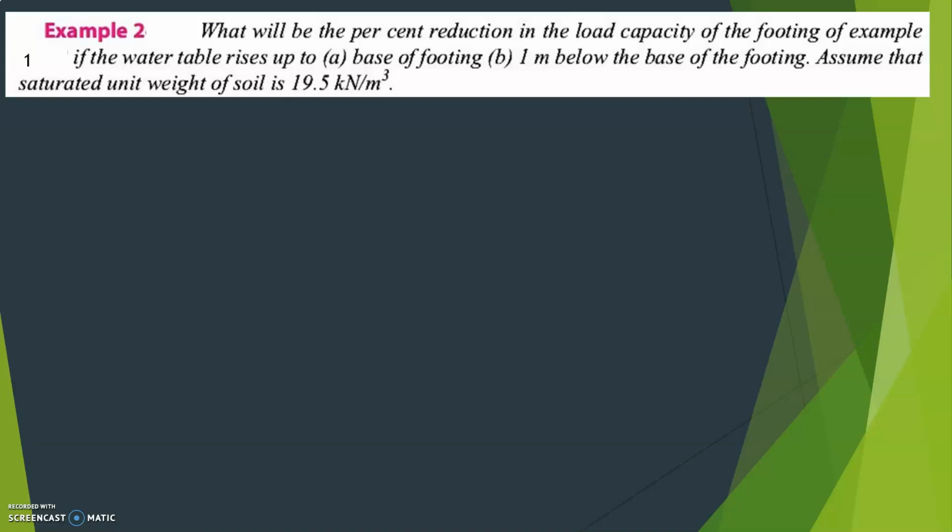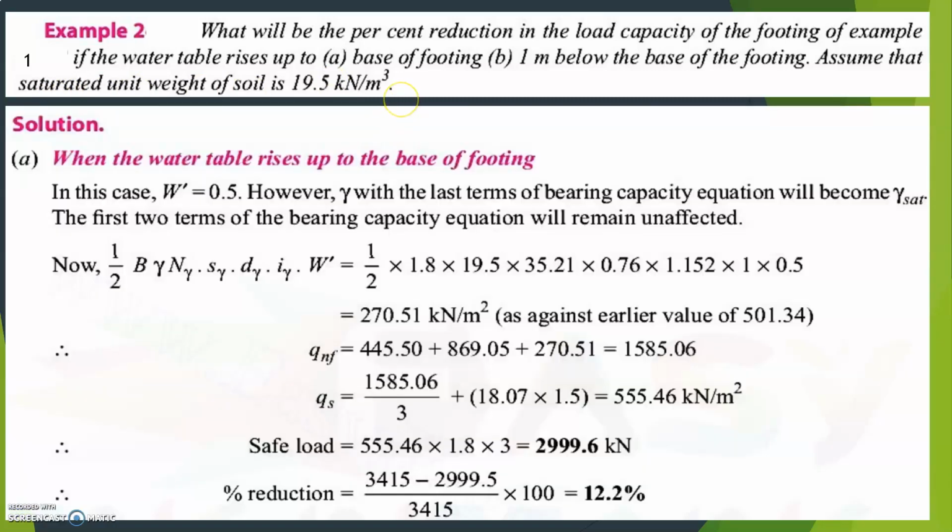So we have to calculate first the bearing capacity, and then the percent reduction in the load capacity. Here it is given the saturated unit weight, 19.5 kilonewton per meter cube. Other things you can use from the previous problem, that is NC, NQ, N gamma.